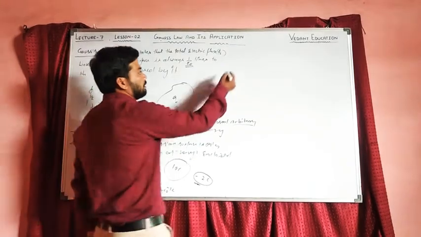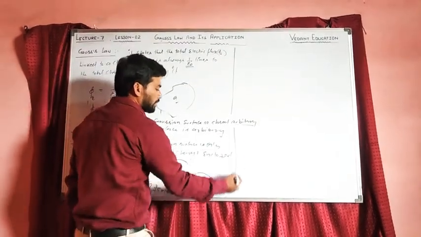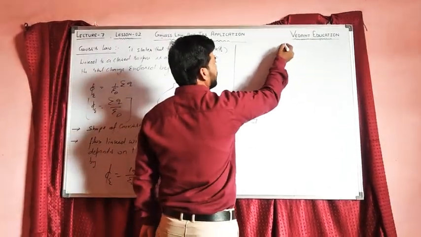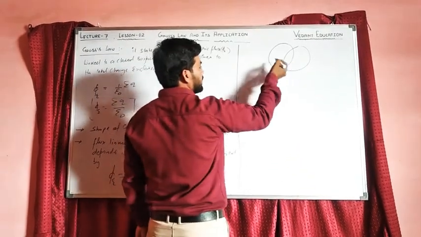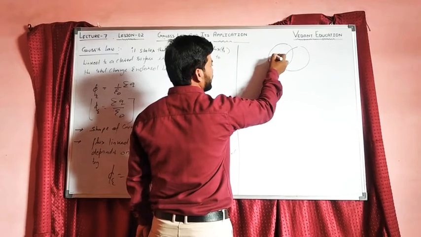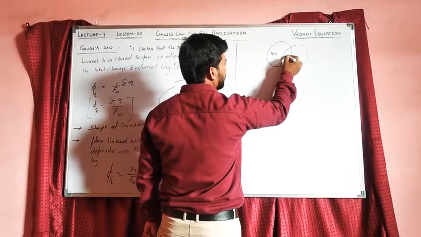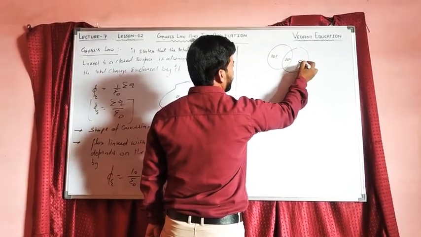In a previous year board exam question paper, there is a question like this. Here 10 coulomb, here 20 coulomb, here 50 coulomb charge.